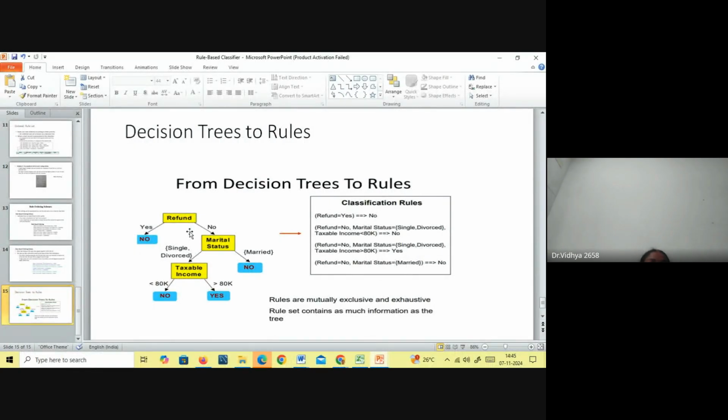So this is the decision tree and the respective rules, and how the rule-based technique is applied has been explained here.